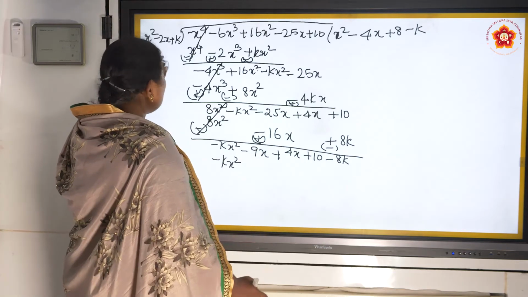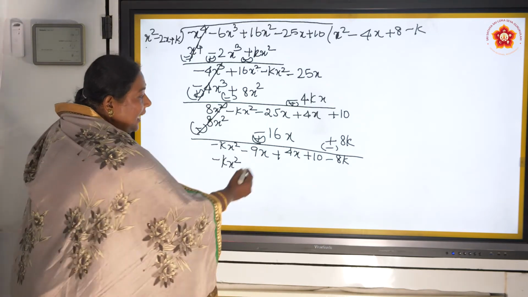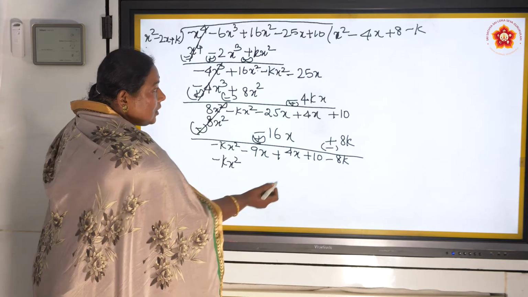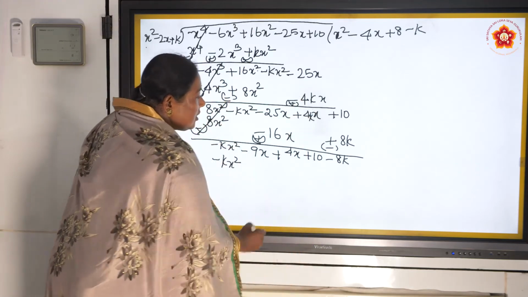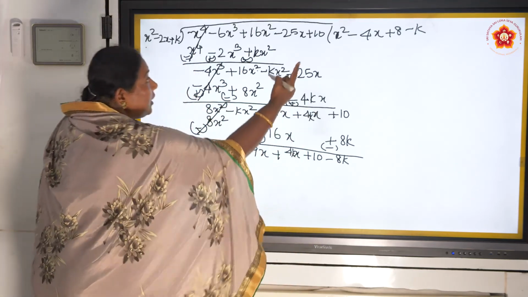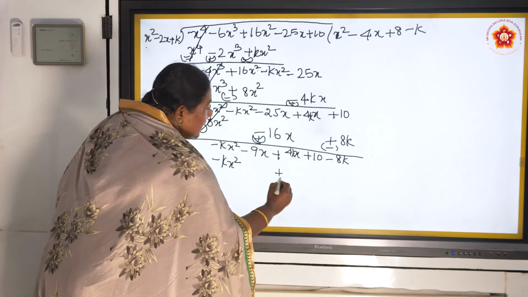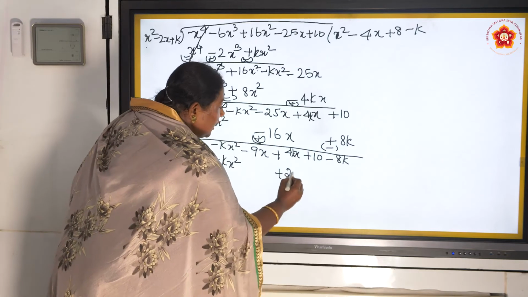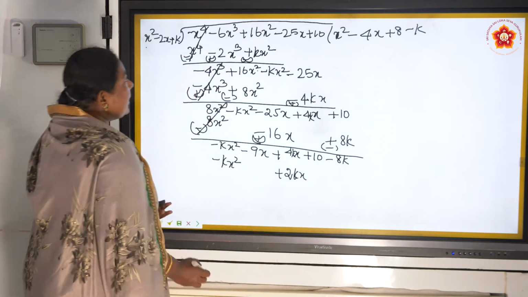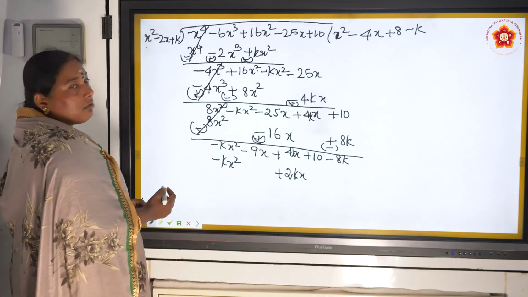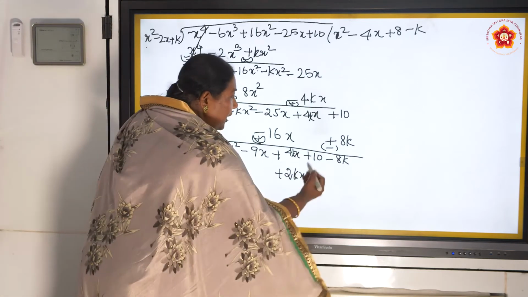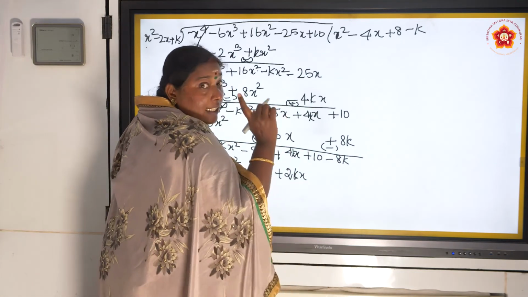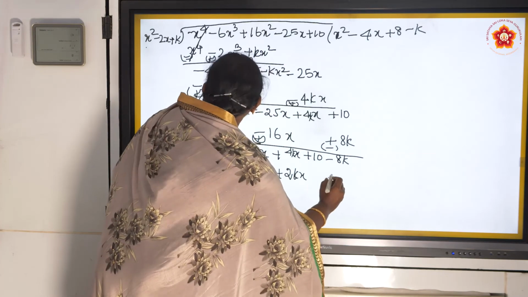k into minus 2x. Where do I have my x? Here k. For God's sake. Here kx. Here k into plus, minus into minus plus, 2 into k, 2kx. Okay, next k into k, k square. Here there is no k square. Let it be. Since it is a constant, I am writing here.